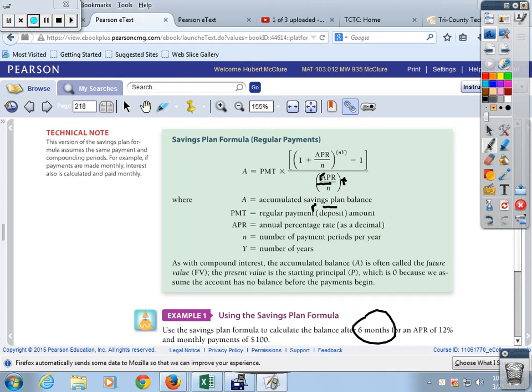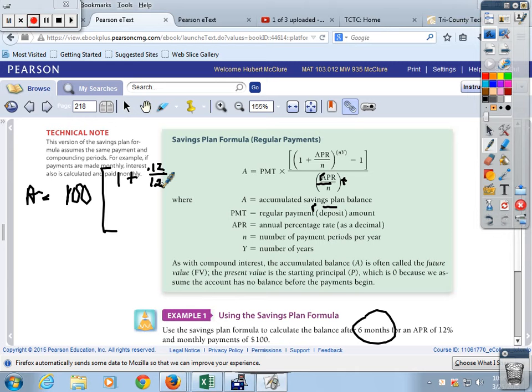So in this problem, we're going to have A is equal to 100 times 1 plus 0.12 over 12, because most of the time we're talking about 12 payments a year, right?